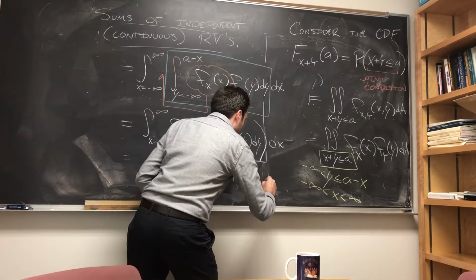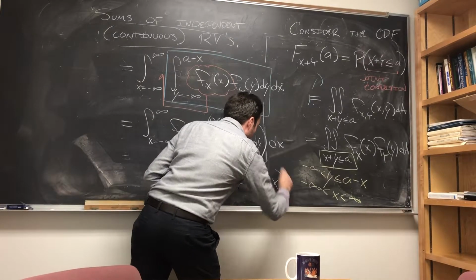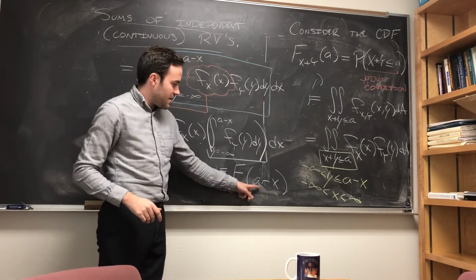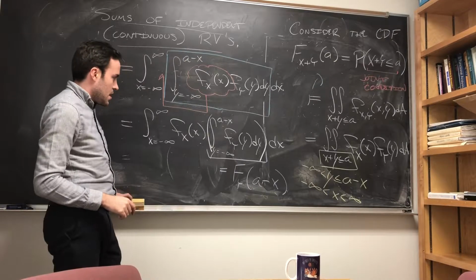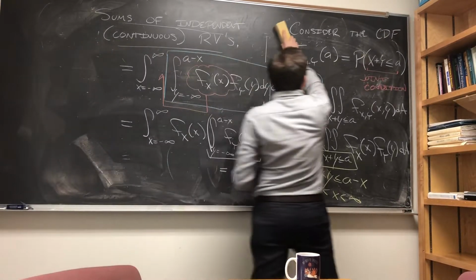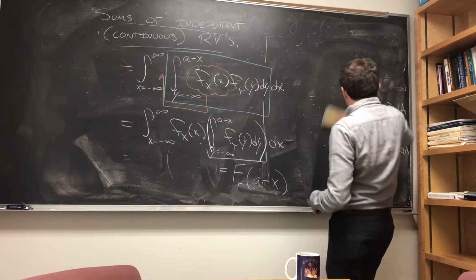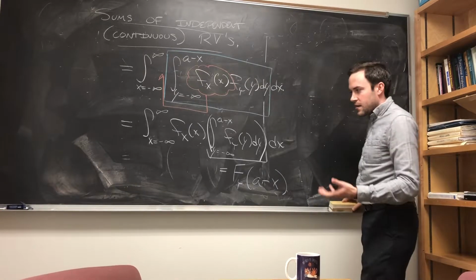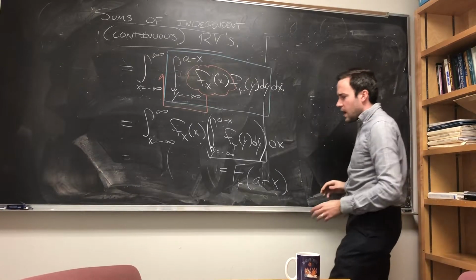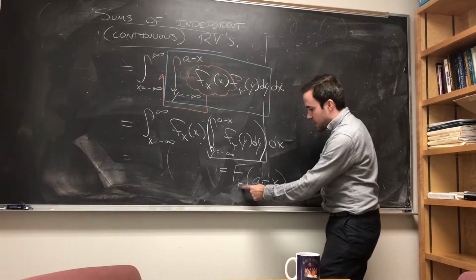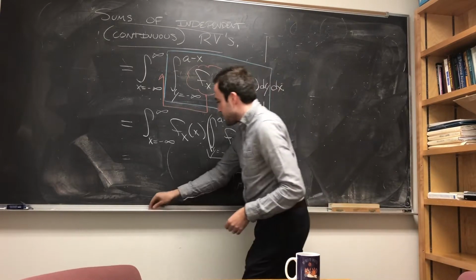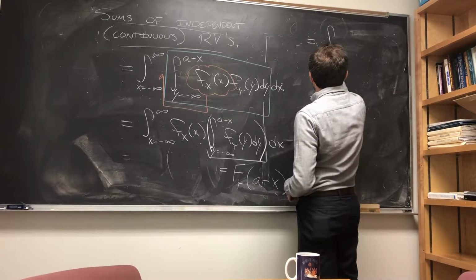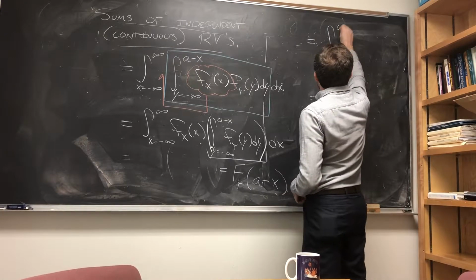So this is the CDF of y, which is capital F sub y, evaluated at a minus x. And so this lets us rewrite our integral just as an integral of things involving x. All mentions of y will be gone except for the fact that we're going to use the CDF for y.